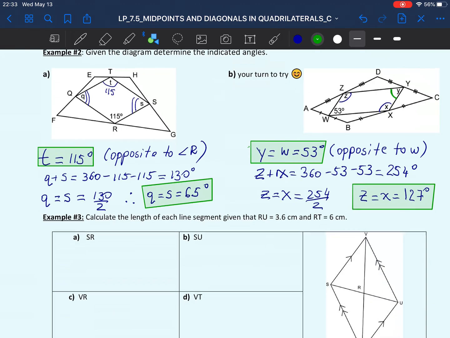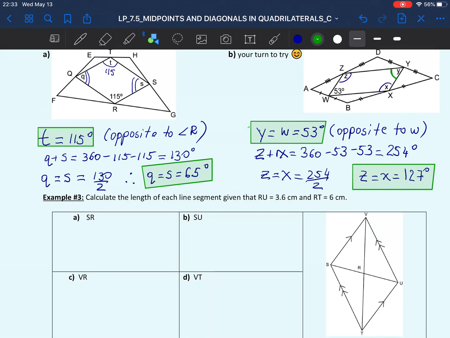Okay, in the next question, we're asked to calculate the length of each line segment given that RU is 3.6 centimeters and RT is 6 centimeters. We are given STYV, that's a parallelogram, and I know this because I am told that these sides are parallel, they have the arrows, and RU equals 3.6.